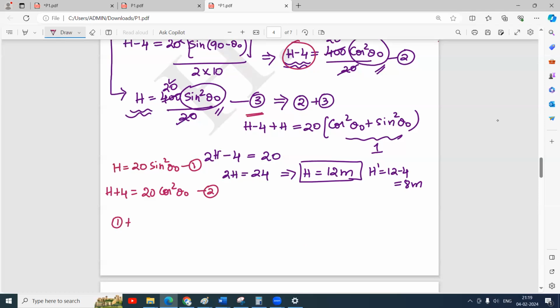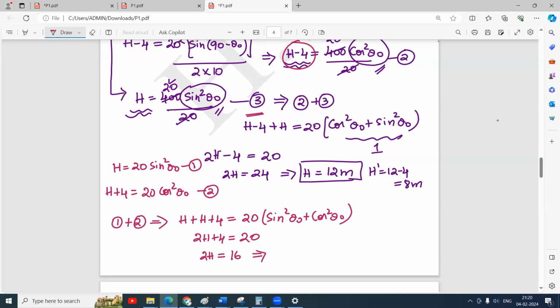This need not be done in the exam. h plus 4 plus h equals 20 into sine squared theta naught plus cos squared theta naught, which is equal to 1. 2h plus 4 comes to 20. 2h is equal to 16, implies h is equal to 8.